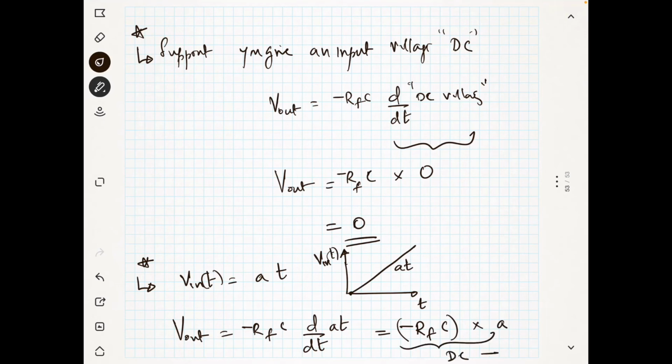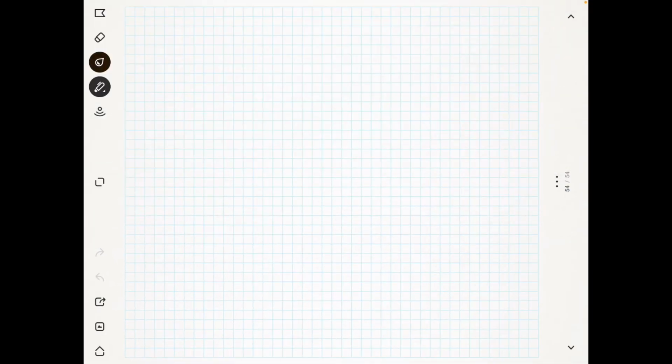This is another constant. So if this is the input, your V out of t will be something like this. So this becomes A. So this is your V out and this is the time. So this is what is happening. If you are giving an input like this, you will get the output like this. Now we will see a problem, then it will be clear to you.